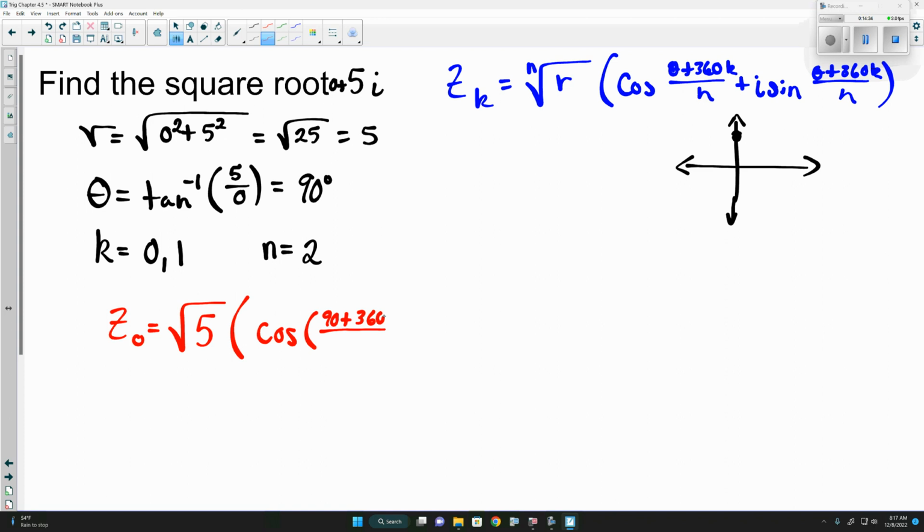And for the first one here, k is 0, over n. N's the root, so 2. Questions on this so far?